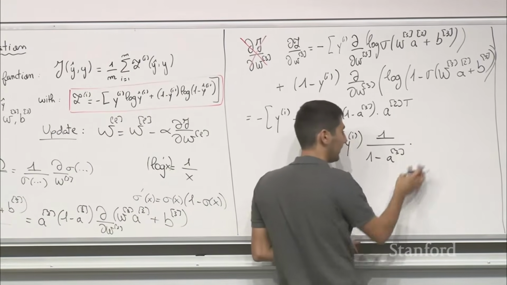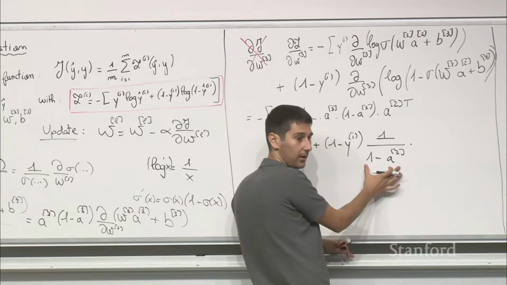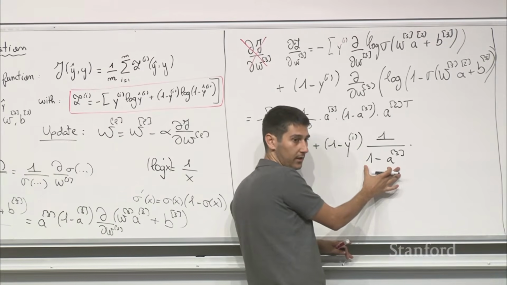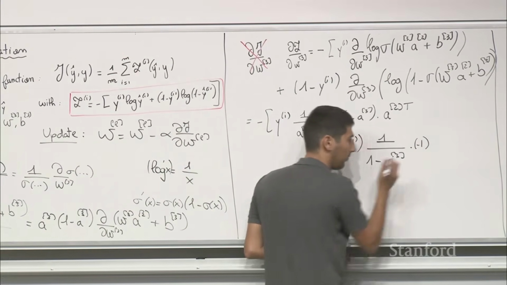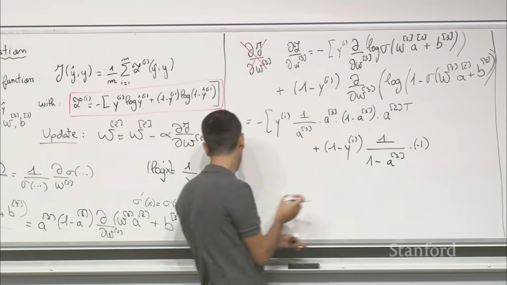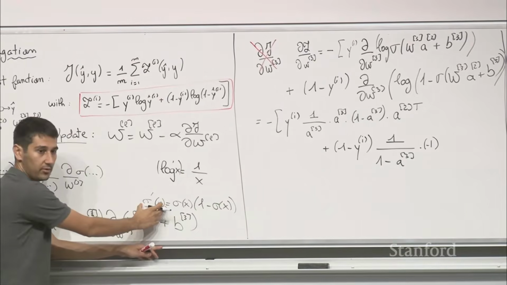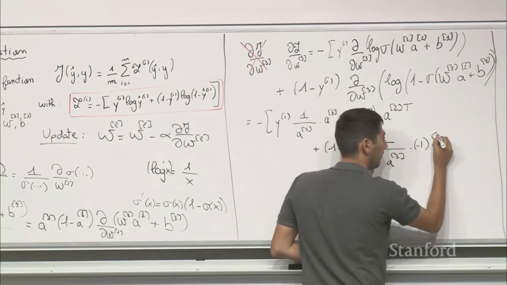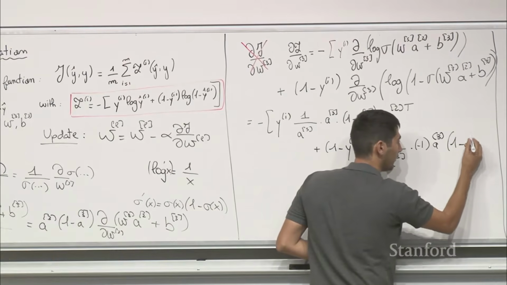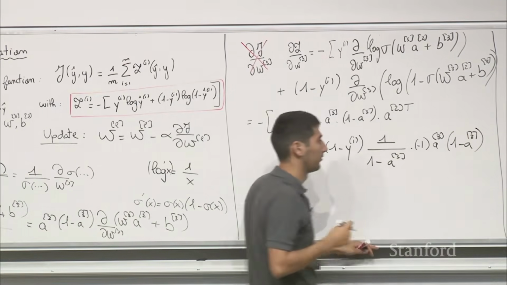And then I will multiply this by the derivative of 1 minus A3 with respect to W3. I know that there's a minus that needs to come up, so I will write it down here, minus 1. And I also have the derivative of the sigmoid with respect to what's inside the sigmoid. So A3 times 1 minus A3.